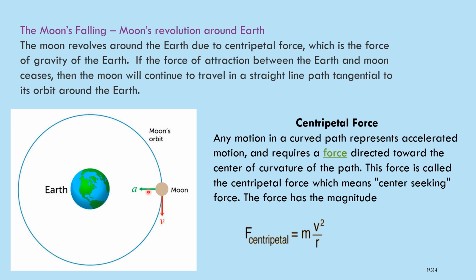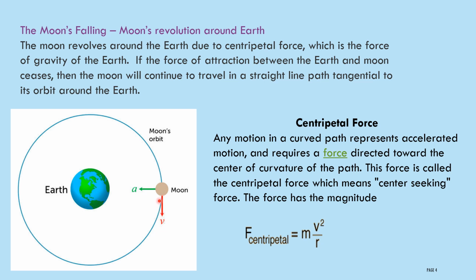Already I told you the moon is revolving around the earth. If the force of attraction between the earth and the moon ceases, if it vanishes, then the moon will continue to travel in a straight line path tangential to its orbit around the earth. Assume you don't have any centripetal force, then the moon will not revolve around the earth. Then the motion of the moon will be a straight line, tangential to its orbit around the earth.